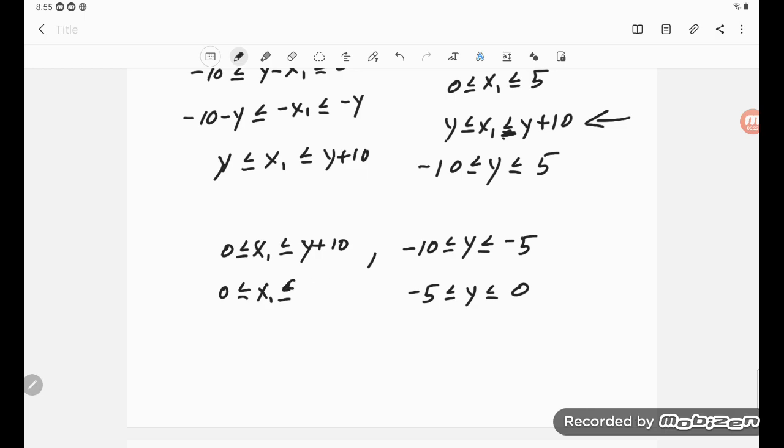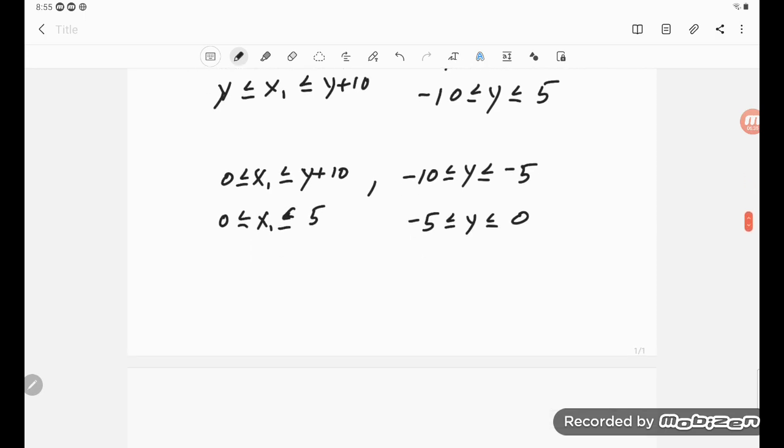And on the right-hand side, when we've hit negative 5, 10 plus negative 5 is 5, and so x1 can't be any bigger than that. So as y increases here, x1 just stays between 0 and 5. And then finally 0 less than or equal to y less than or equal to 5.